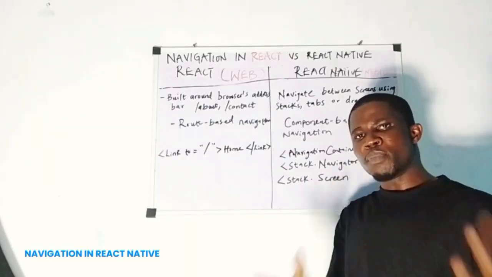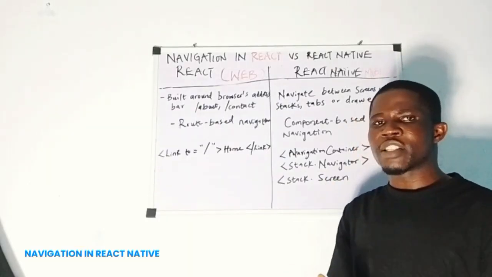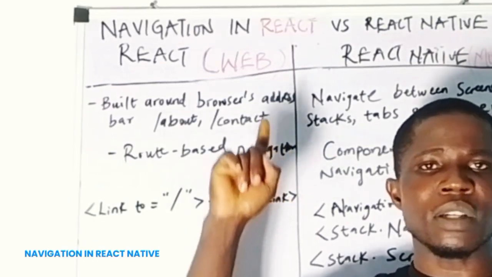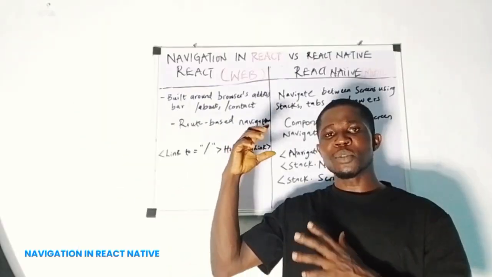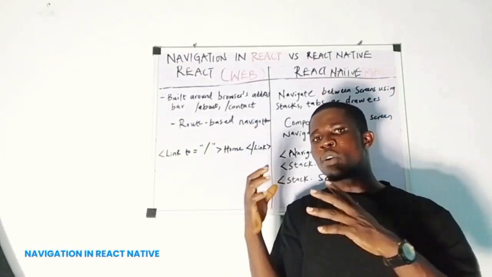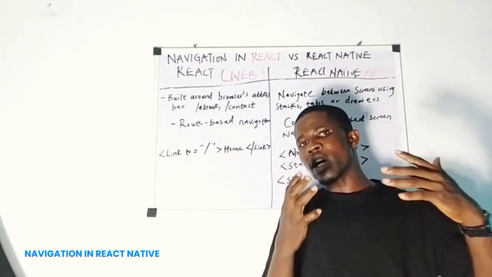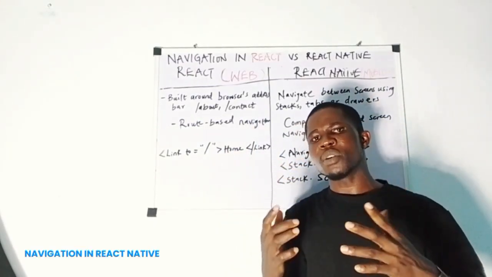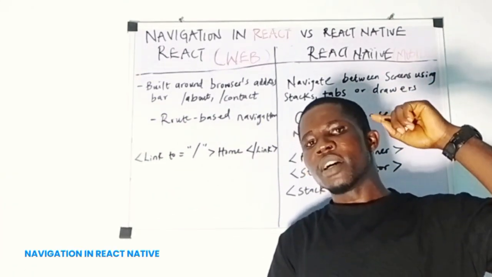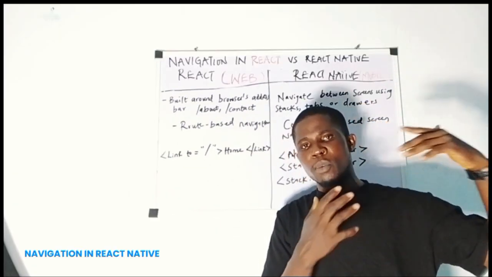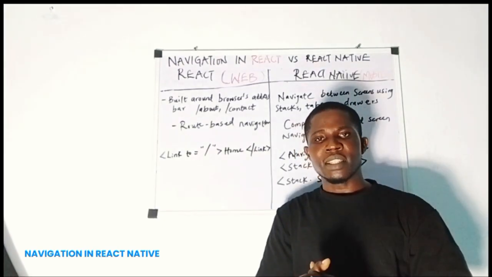Just a common example, if you look at this code I'm showing you here for React for the web, it is going to show you a practical syntax on how this is going to work, how you should structure it when you are writing your code, as against this particular one here, which is for React Native for mobile application development.